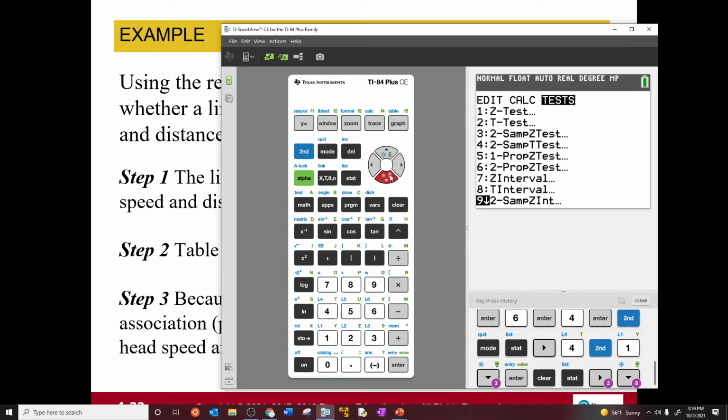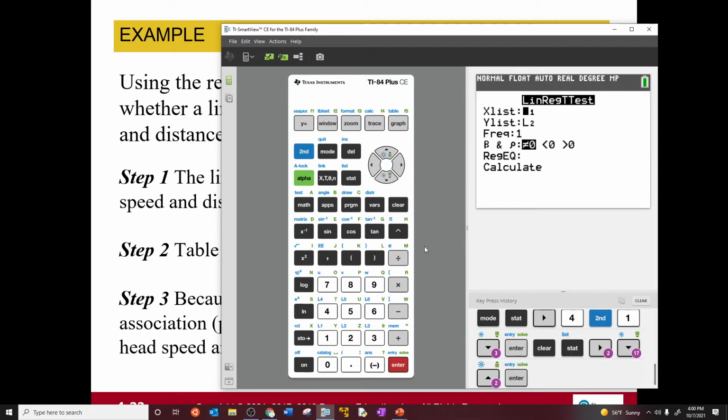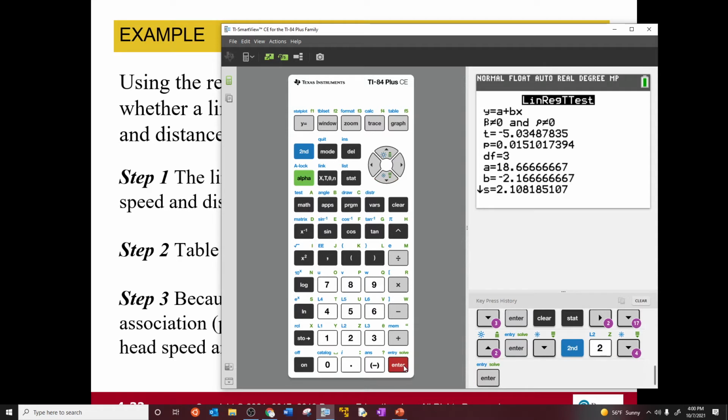We're going to go all the way down. Use L1 and L2. Don't have to do anything else. Keep the R's not equal to 0. This is better. Hit Calc.